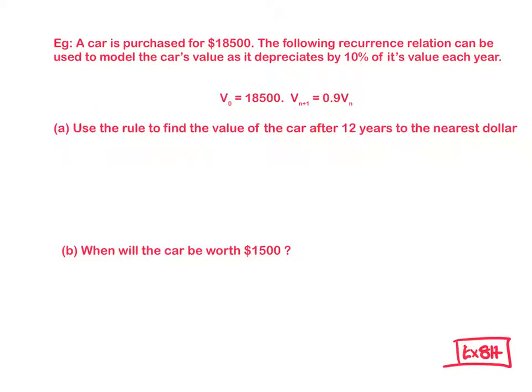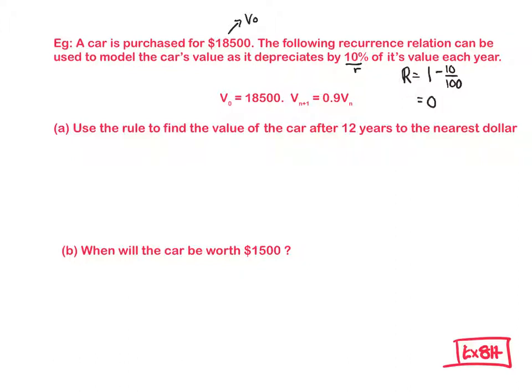So a car was purchased for $18,500. There you go, that would be V0. The following recurrence relation can be used to model the car's value as it depreciates by 10% of its value each year. So see here, this was R. Can you see how they calculated the R by going 1, because the car is depreciating, it will be 1 minus 10 over 100?